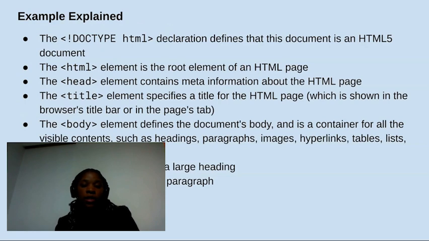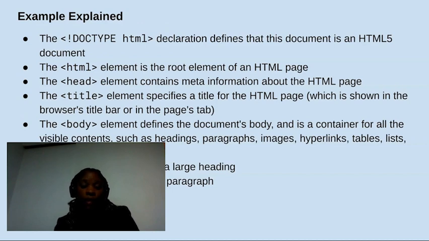Then we have the head element, which contains meta information about the HTML page. We have the title element, which specifies a title for the HTML page, which is shown in the browser's title bar or in the page tab.